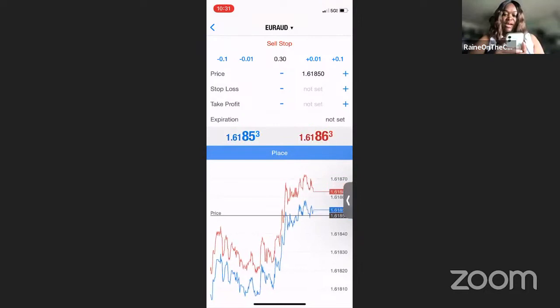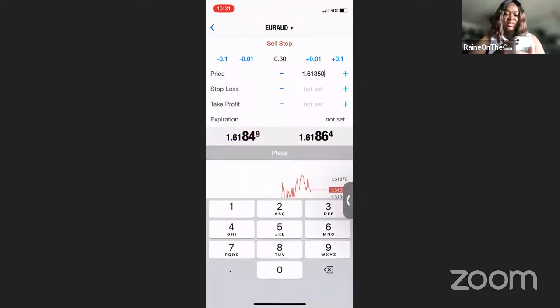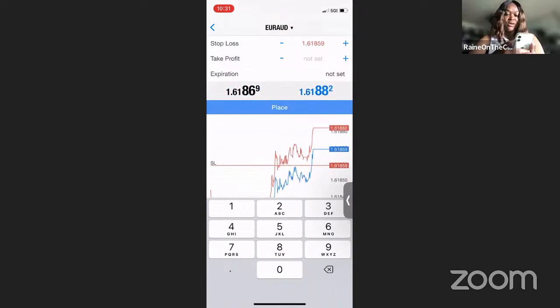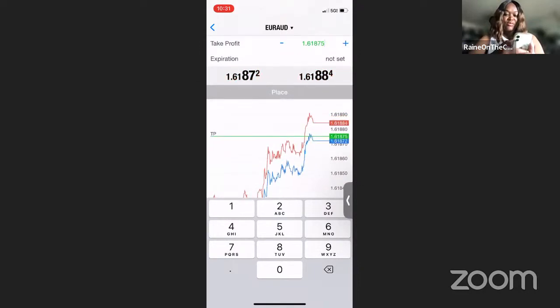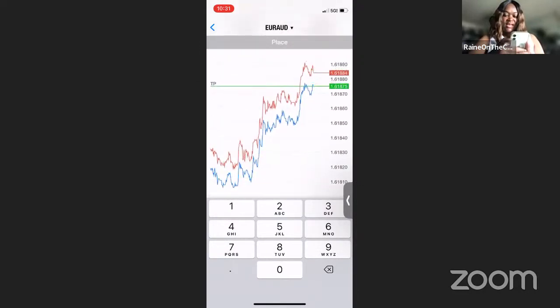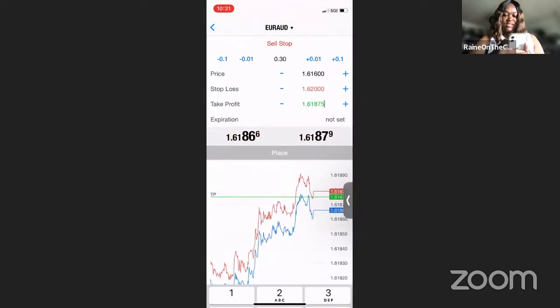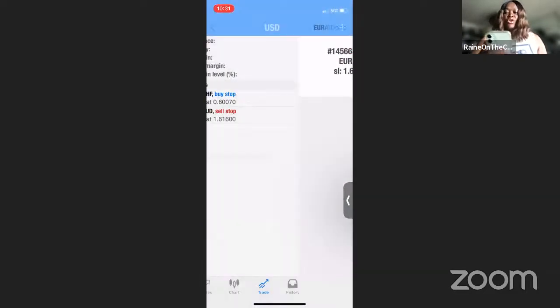So price, we want to enter if it hits 61.6, for example. Stop loss needs to be above. Let's do 62, for example. And the take profit, we're going to put our take profit at 61. Let's do 61. And you hit place.